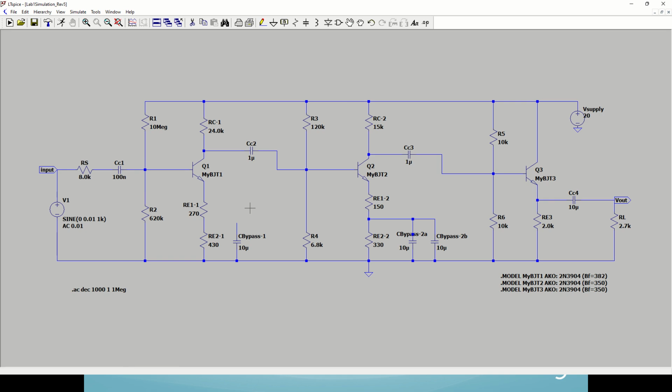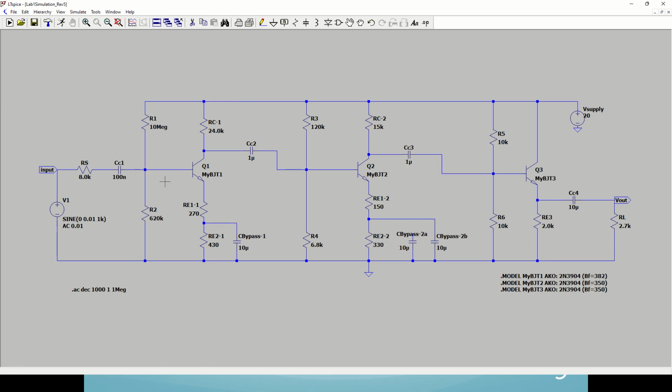And then I wanted to go over why I didn't use this bypass capacitor. So originally, I only had one capacitor here that was 10 microfarads, and I was using one 10 microfarad capacitor here.